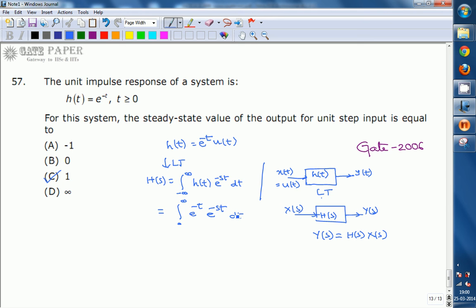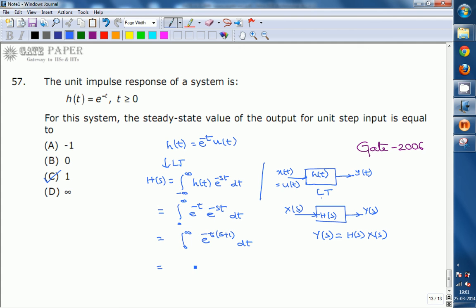So u of t is nothing but 1 for t greater than or equal to 0. That's why we took only from 0 to infinity and substituted the value of u of t equals 1 here. So this becomes the integral 0 to infinity e power minus, taking the t as common, s plus 1 dt.